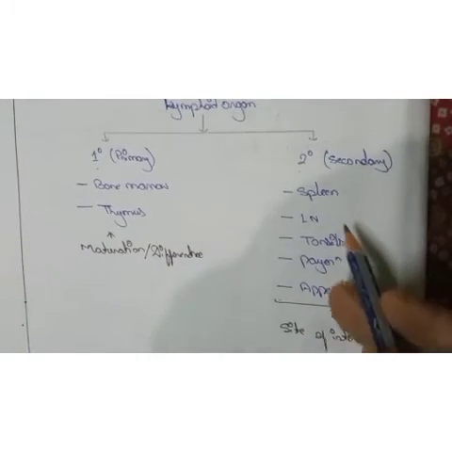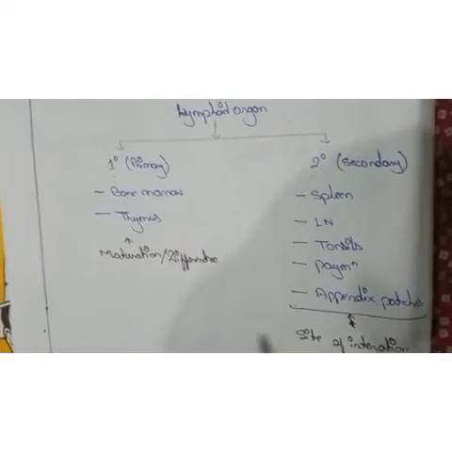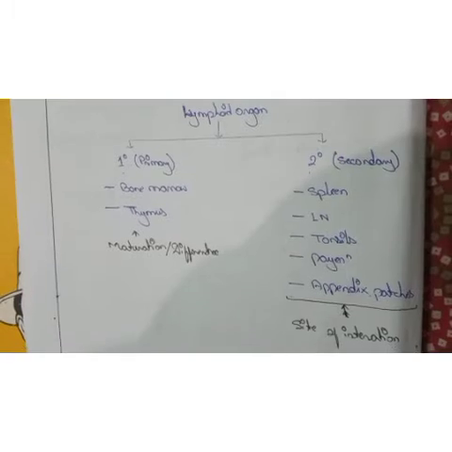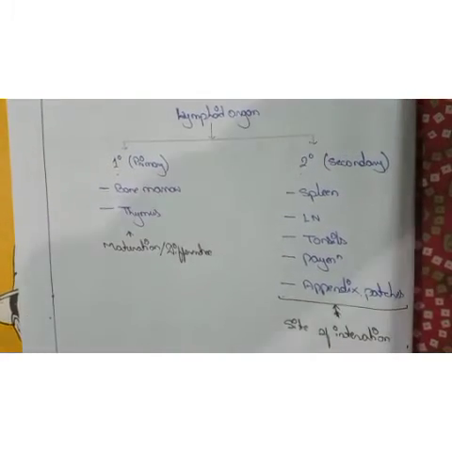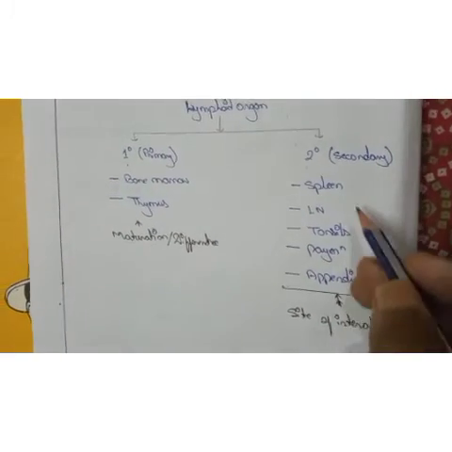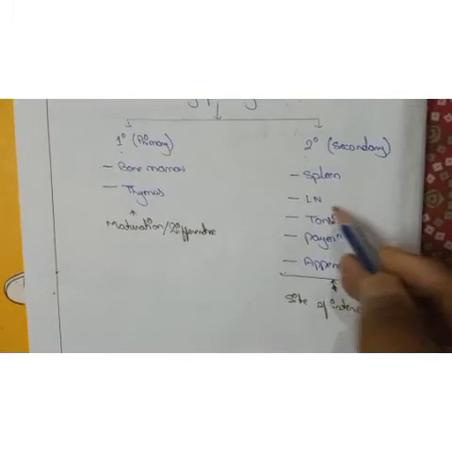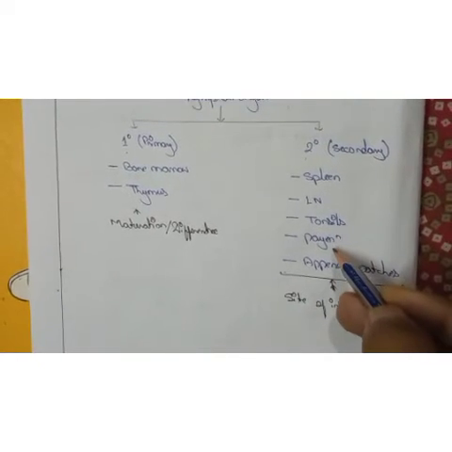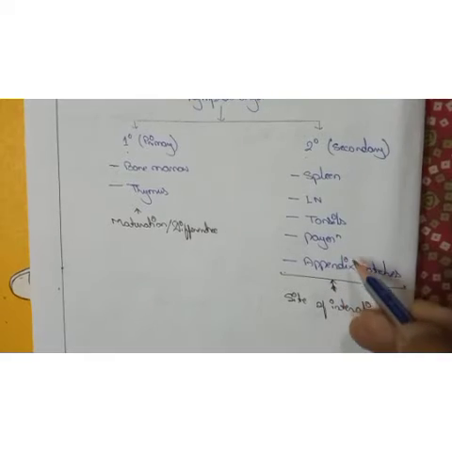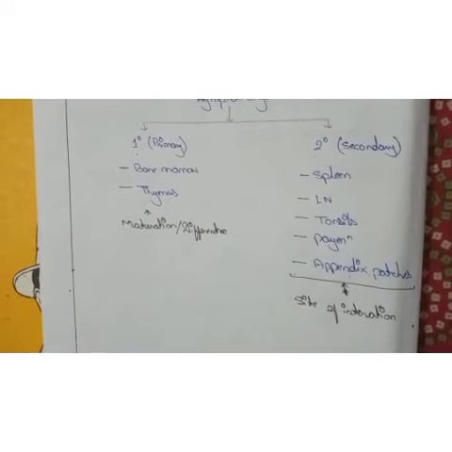In secondary lymphoid organ there is spleen, lymph nodes, tonsils and appendix.